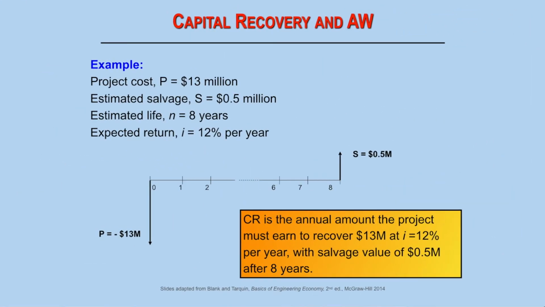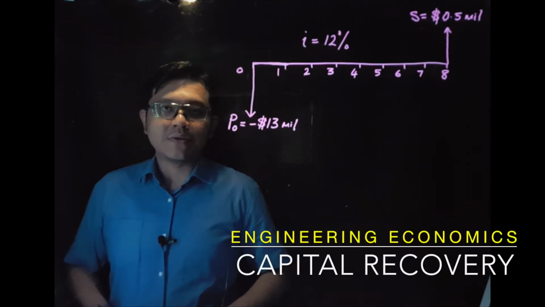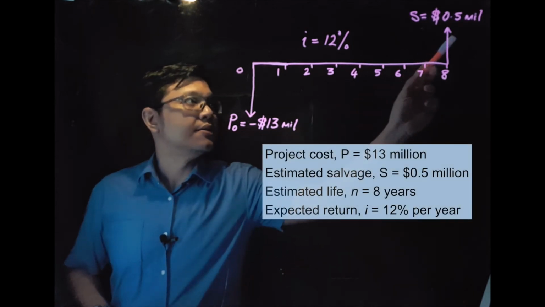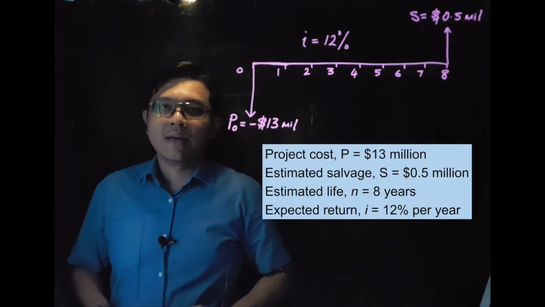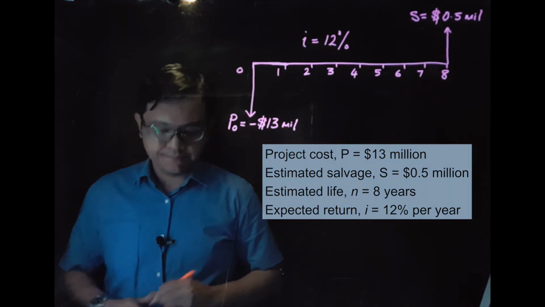Now let's try this example of finding capital recovery and annual worth for this project. This project has a first cost of $13 million, a salvage value of $500,000, and a lifetime of 8 years. We want to determine the capital recovery amount of this project at 12% interest rate.